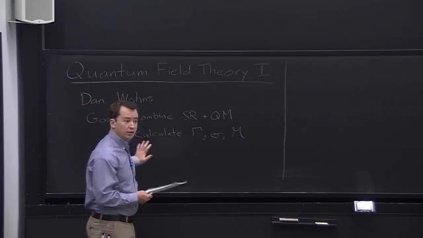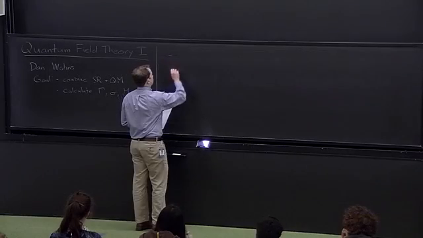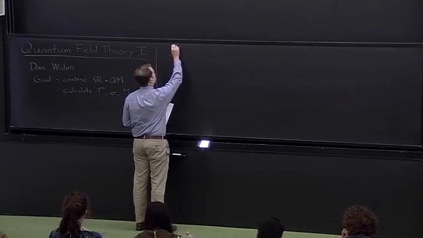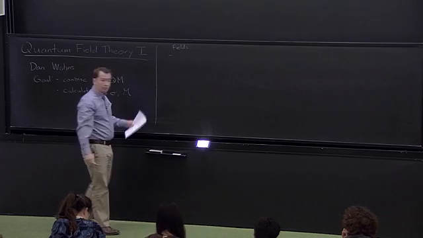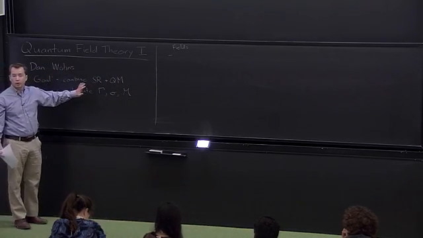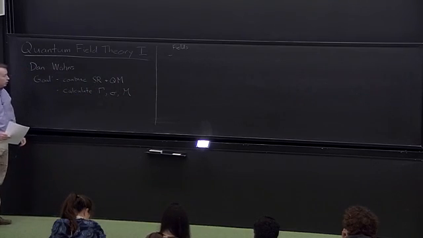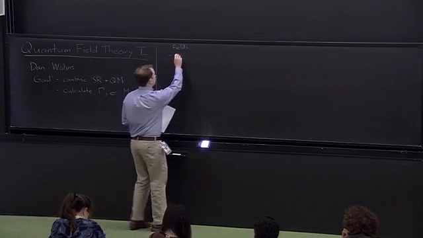The approach we're going to take is easier for a number of reasons. And so the first reason is that if we combine special relativity and quantum mechanics, particle number is not going to be conserved.